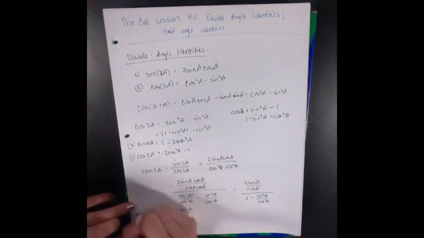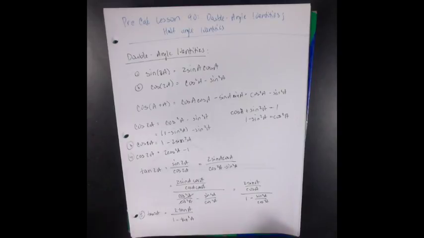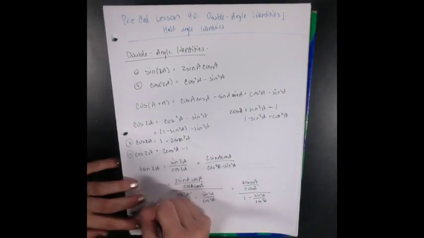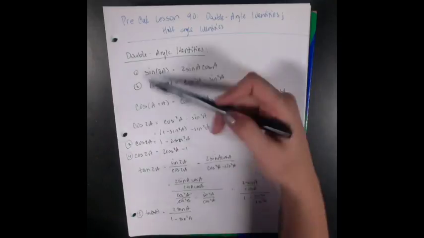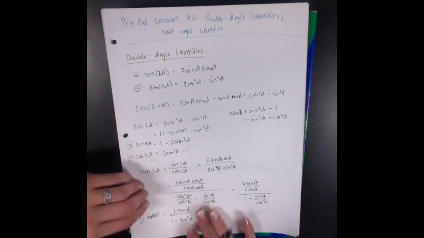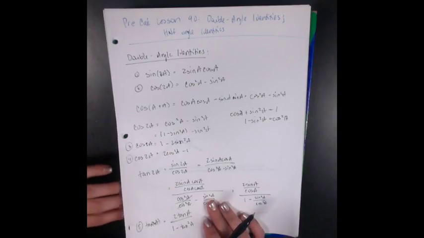That is our double angle identity for tangent of 2a. It's not a squared, it's tangent of 2a. Again, these are 5 new identities that you need to learn. Now, if that wasn't enough, let's add on a couple more.